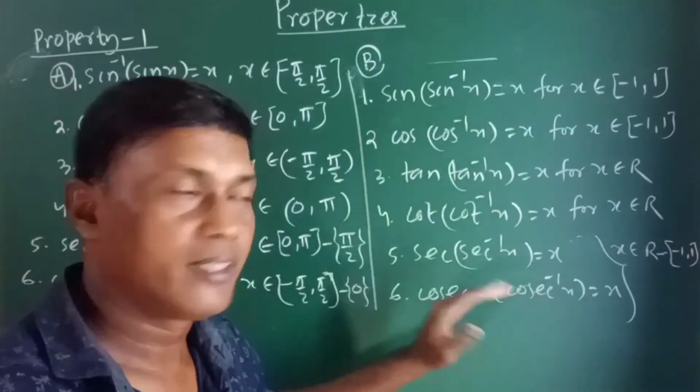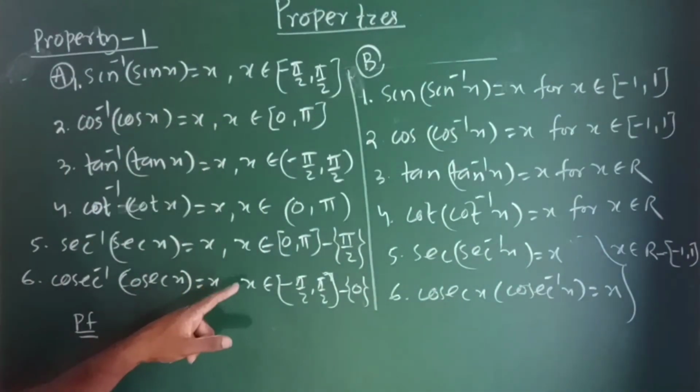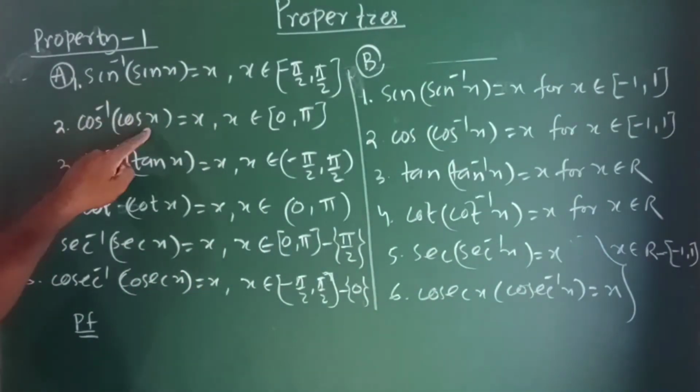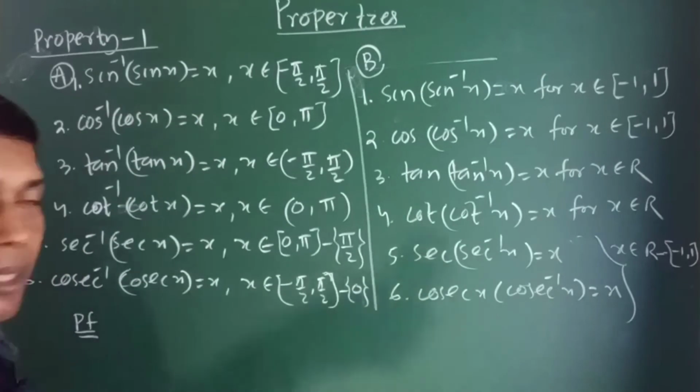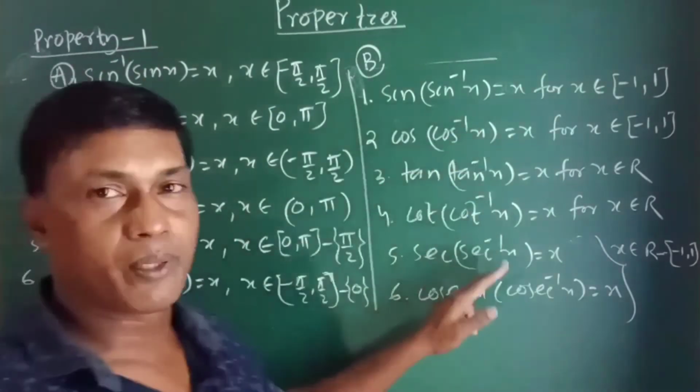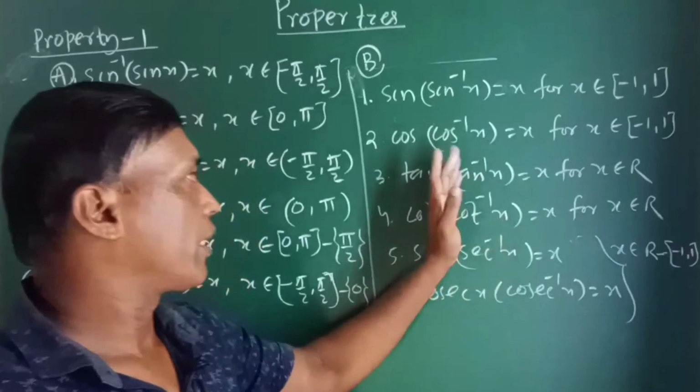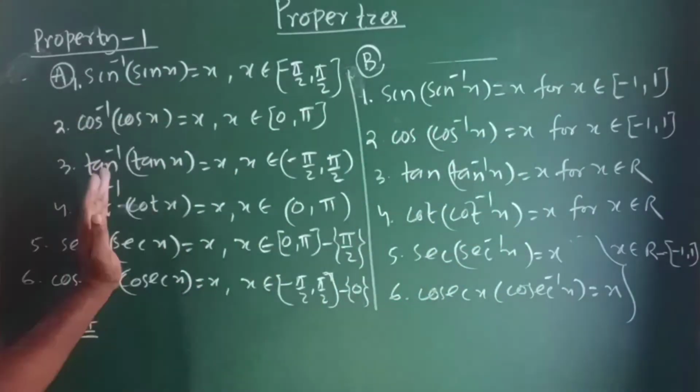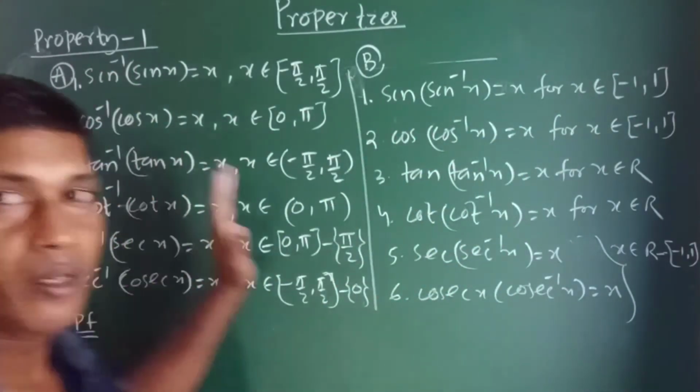And like here x lies in the domain of sin x, cos x, that means x belongs to the domain of trigonometric functions. Here x belongs to the domain of inverse functions, and here the inverse function is on the right side, while there the trigonometric function is on the right side.